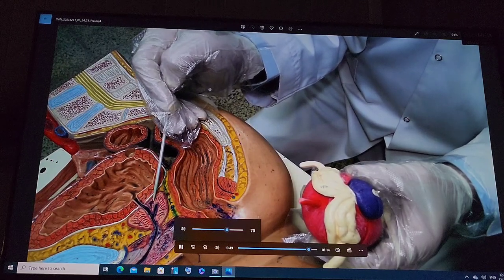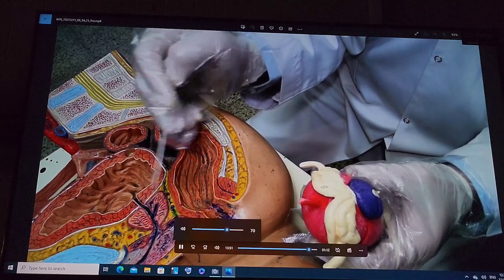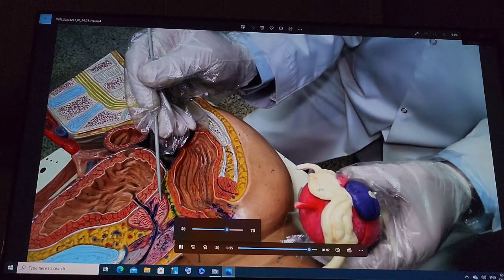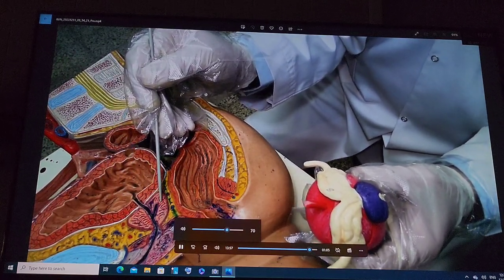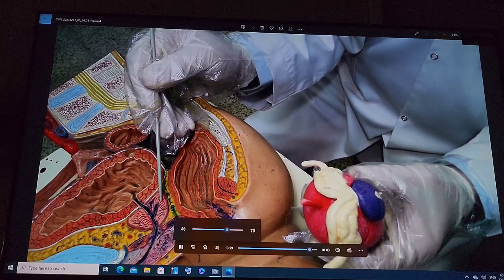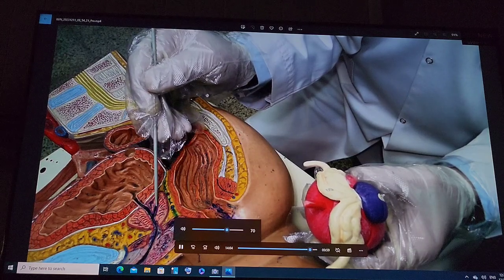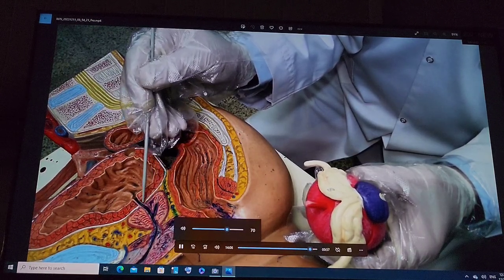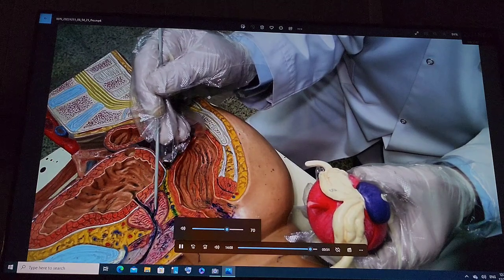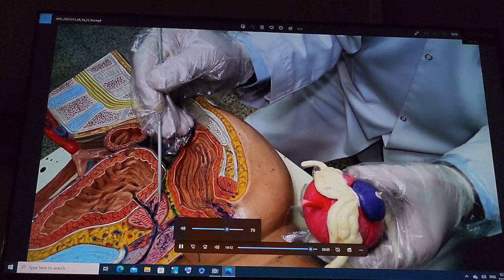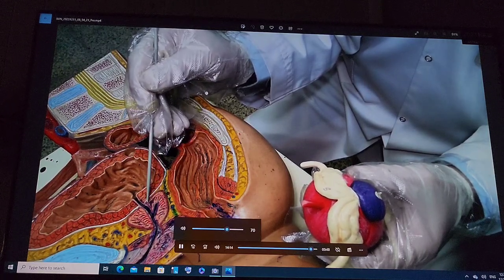The pyramidal-shaped median lobe is located between the prostatic urethra and the ejaculatory duct. This part of the prostate is called the median lobe or middle lobe.